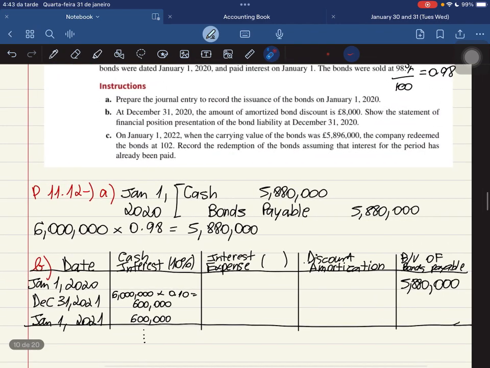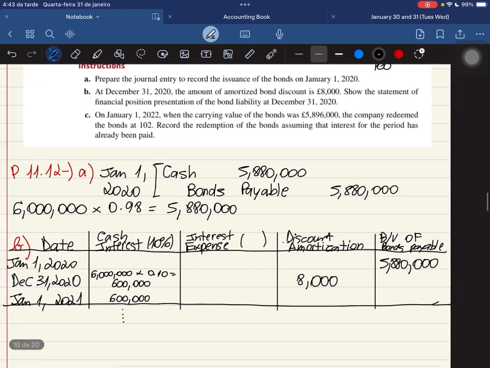But over here, they tell us that the bond discount is 8,000. What they're saying is that on December 31st of 2020, they have 8,000.